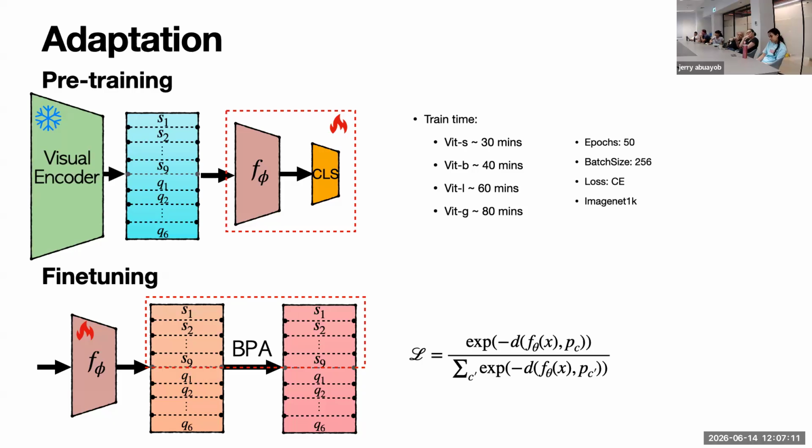Now I understand your question, and I can try it. The second question is whether you backprop through the 10 iterations of the BPA. Yes, this is iterative, and it's pretty stable.